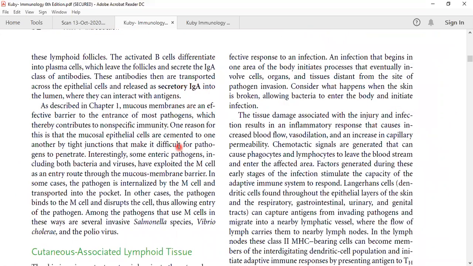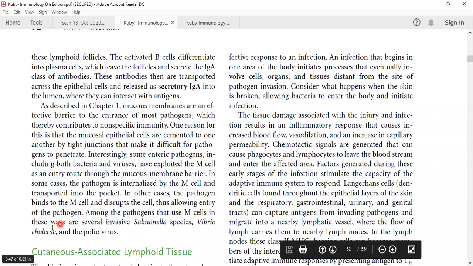Now the question is, what kind of pathogens can come through the digestive tract which can infect us? The different species of bacteria, for example, Salmonella species, Vibrio cholerae bacteria, or the poliovirus, even the poliovirus can infect us through the digestive system.